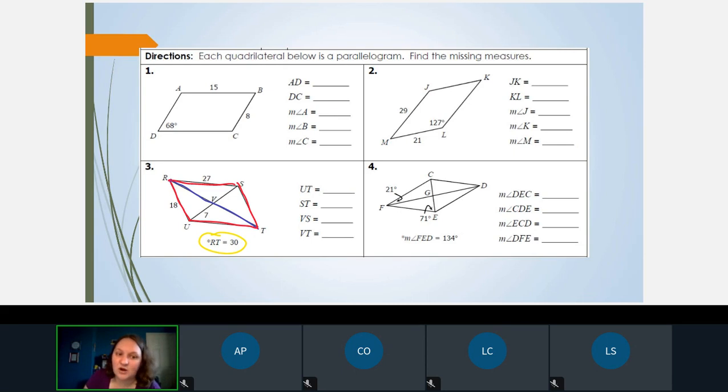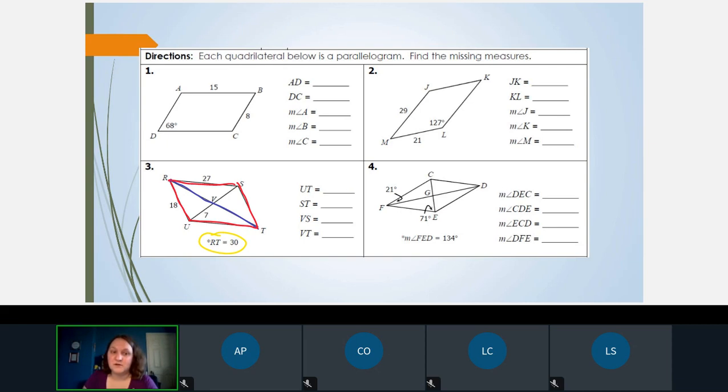So if you said that RT was a diagonal, you're right, and good job. If you said it was a side, maybe you weren't looking at the whole parallelogram, but instead focusing on one of the triangles inside that you see. So just watch out for answering that question.